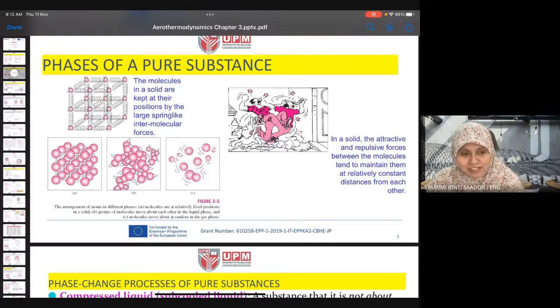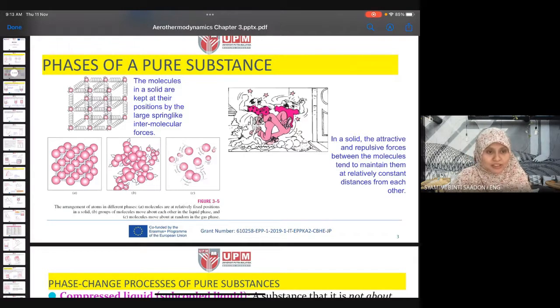We can imagine that the molecules in solid are arranged, kept in position this way, as in picture A. And then B, molecules in liquid phase like water, oil, etc. And then C, the molecules in random, in gas phase.